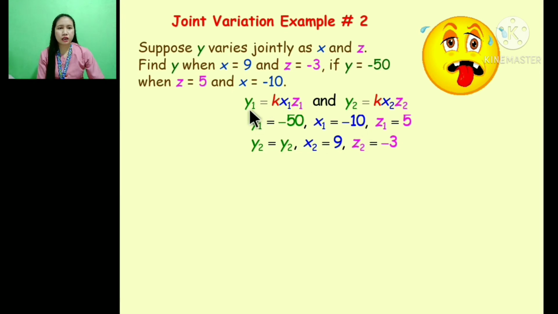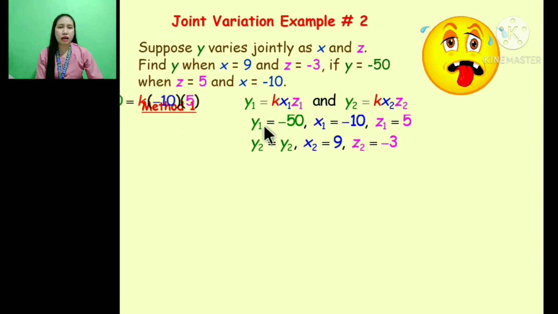So these are the values: y sub 1 is negative 50, x sub 1 is negative 10, z sub 1 is equal to 5, y sub 2 is equal to y sub 2, because later on we're going to find this. Next, x sub 2 is equal to 9, and z sub 2 is equal to negative 3. So let's start first with method 1.